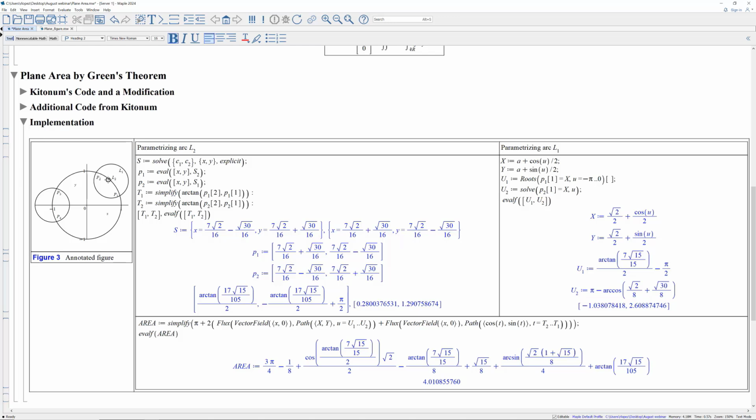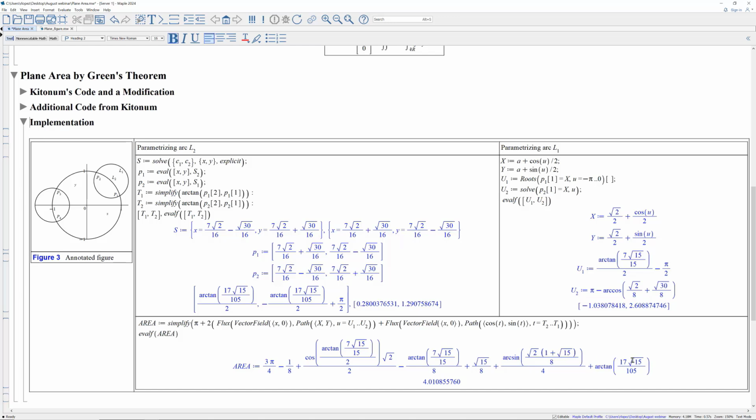Now, as you come down arc L2, you need the parametrization from T2 down to T1. So Maple gives this as its exact answer to the area of the figure.